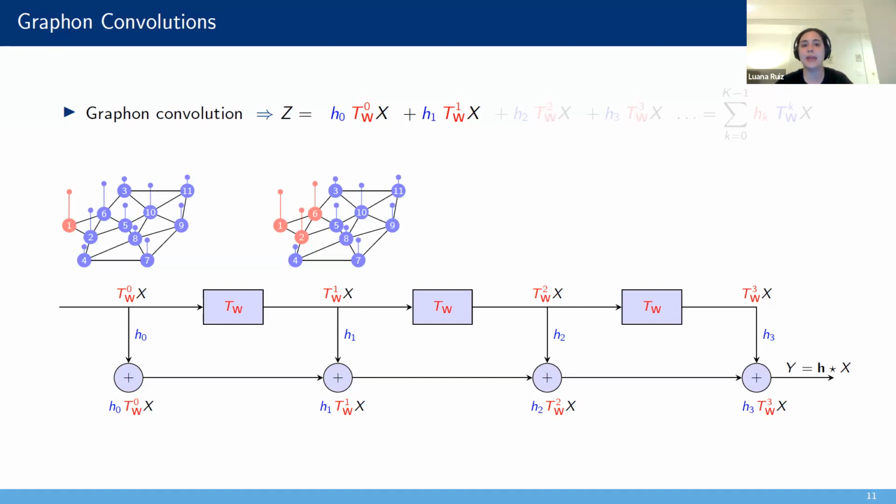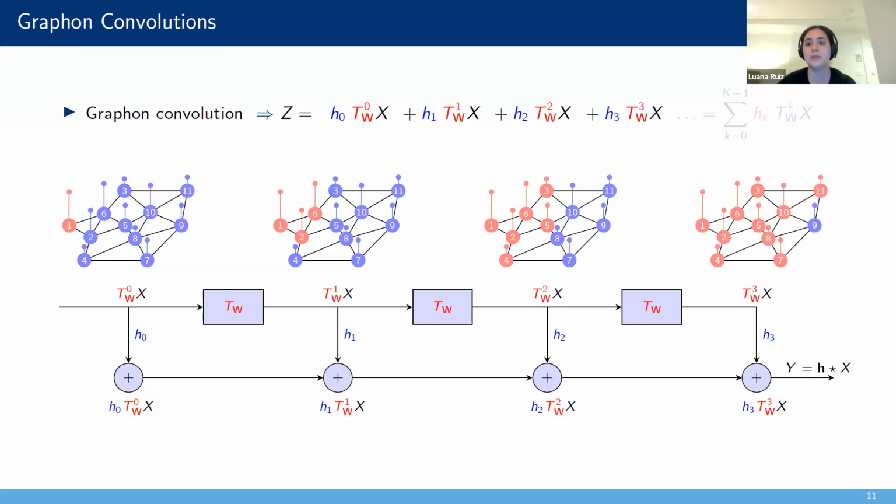And each application of this operator to now the graphon signal capital X corresponds to a diffusion of information in the graphon. And so the graphon convolution is a polynomial of this operator applied to the graphon signal. And it's easy to see that this has essentially the same algebraic structure as the graph convolution.